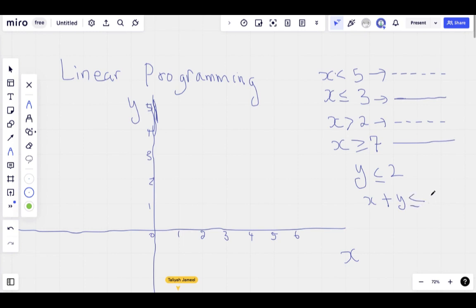So let's say we're going to draw for these three: x is lesser than or equal to 3, y is lesser than or equal to 2, and x plus y is lesser than or equal to 4. I have these three inequalities.